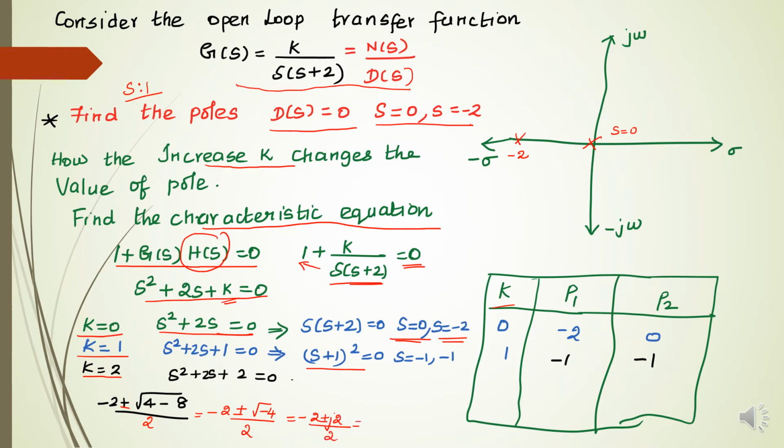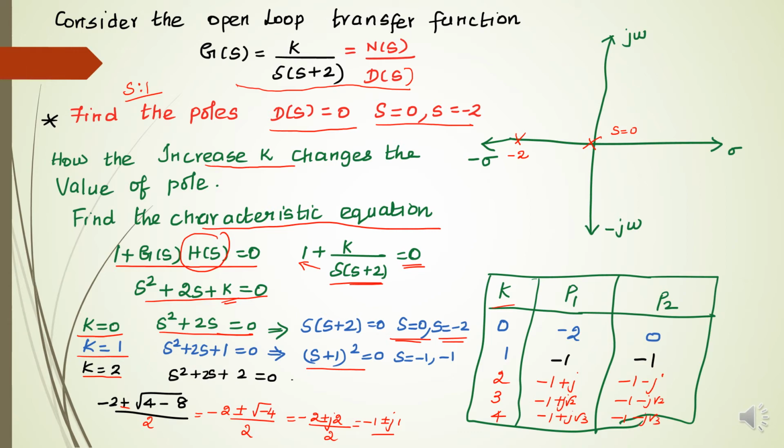The answer is -1 ± j1. When K = 2, I get the answer -1 + j and -1 - j. Then put K = 3. We get the answer -1 + j√2, -1 - j√2. What is the value of root 2? That is 1.414. Then put K = 4, I will get the answer -1 + j√3, -1 - j√3.